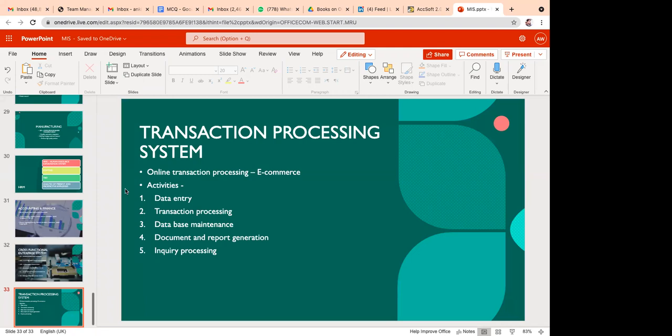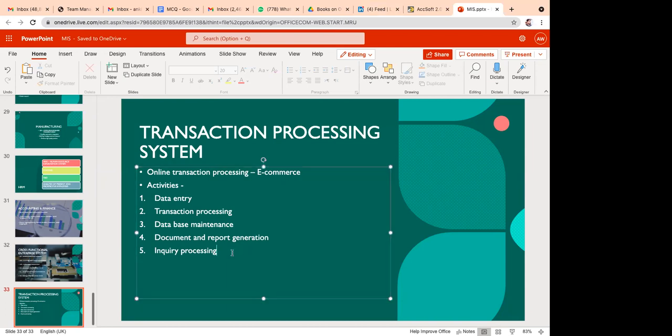When we discuss MIS as a subject, TPS is among the most important aspects for any industry when it comes to transaction processing. The primary purpose of TPS is to record, process, validate, and store the transactions that take place in the various functional areas.